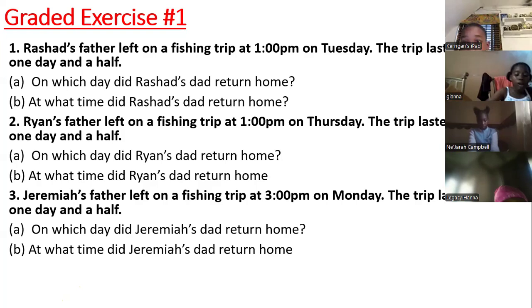Excuse me, Mr. Petit. Go ahead. I'm on number 3 now. That's good. Najara, yes, sir. You need to take a picture of your work. What number you on? I'm on number 3.